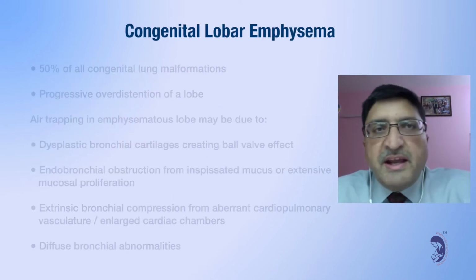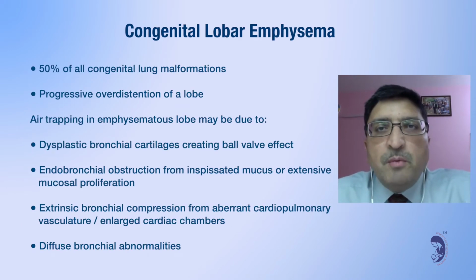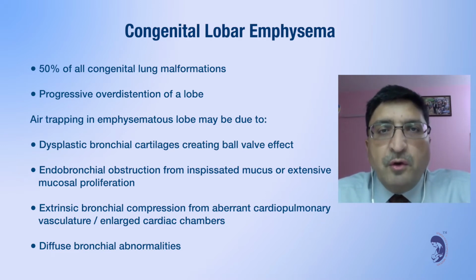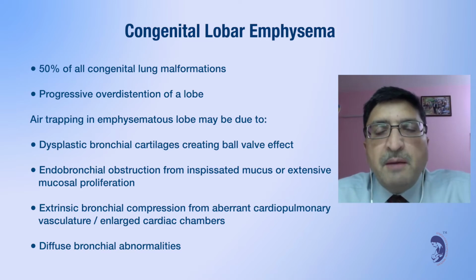Now let's come to the next common problem, which is congenital lobar emphysema. This is the most frequently encountered problem in all the congenital lung malformations. It is almost 50% of all congenital lung malformations. It is a progressive overdistension of a lobe. The air trapping seen in congenital lobar emphysema may be due to dysplastic bronchial cartilages which create a ball valve effect.